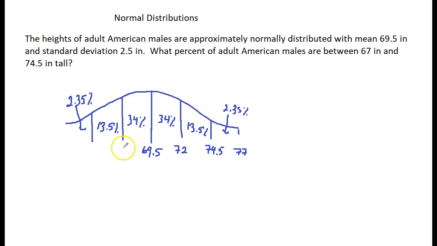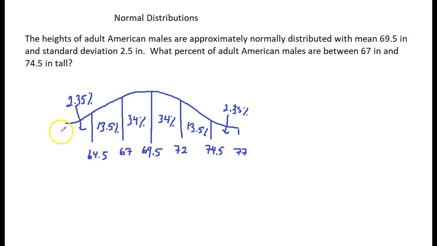Okay, going backwards, subtracting 2.5 from the mean, 69.5, we would have 67. Subtracting 2.5 from 67 to go back another standard deviation would be 64.5.